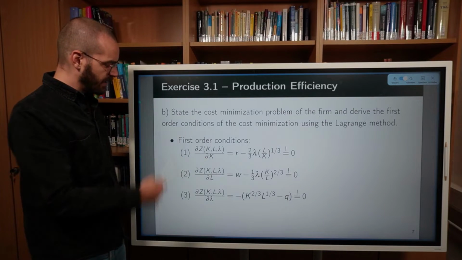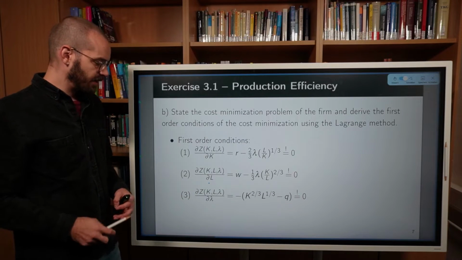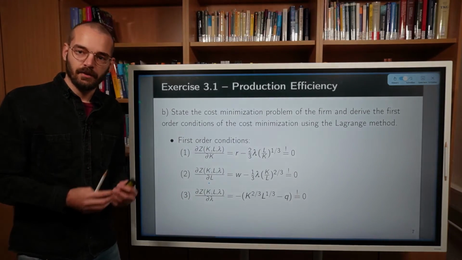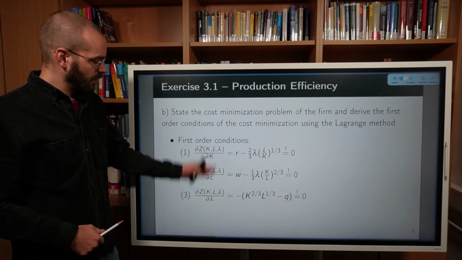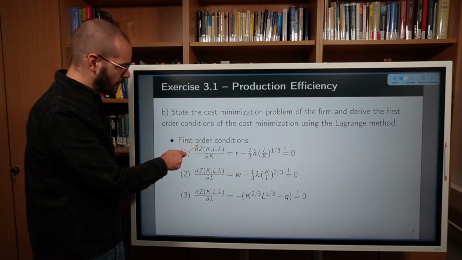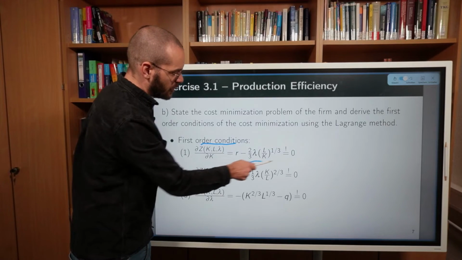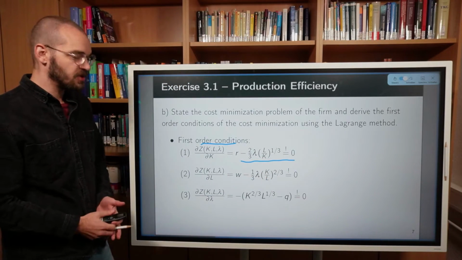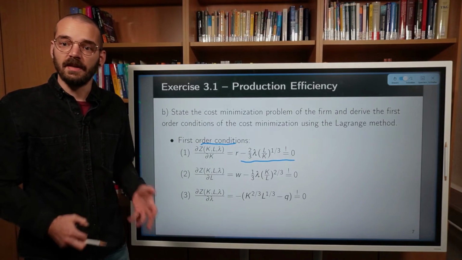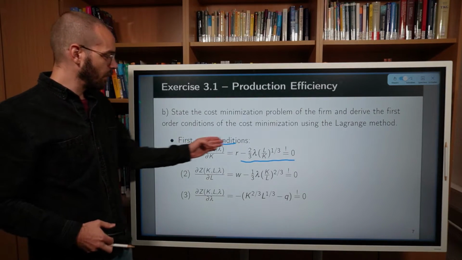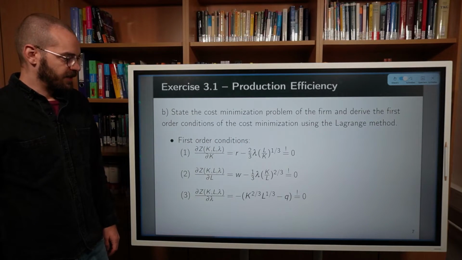The second one is the partial derivative with respect to L, and then third and finally the partial derivative of the objective or Lagrangian function with respect to lambda. Of course, because this is the first order condition for the minimum, we know that each of these expressions needs to be equal to 0 in order for any given point to be an extremum or a candidate for the minimum. All right.